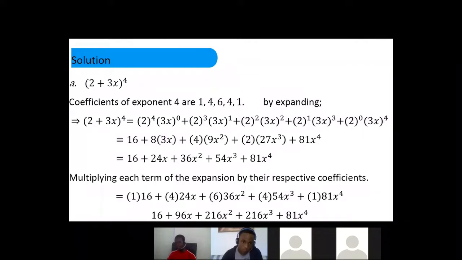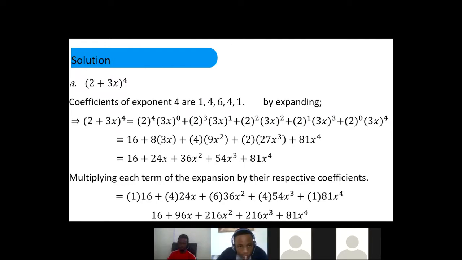The third term, you see that the power of 2 has decreased again by 1, so we get 2 exponent 2. And the power of 3x has increased, that is 3x exponent 2.